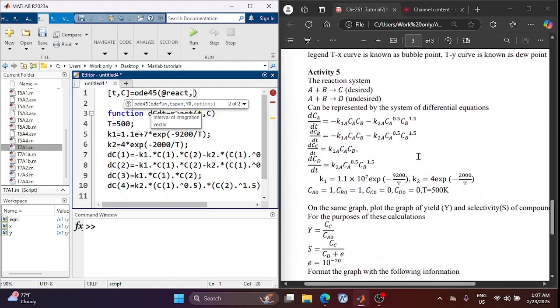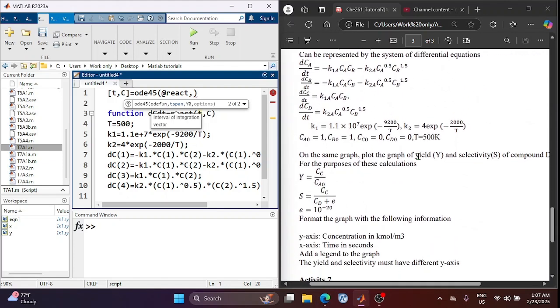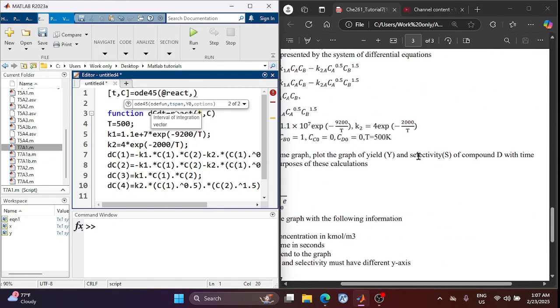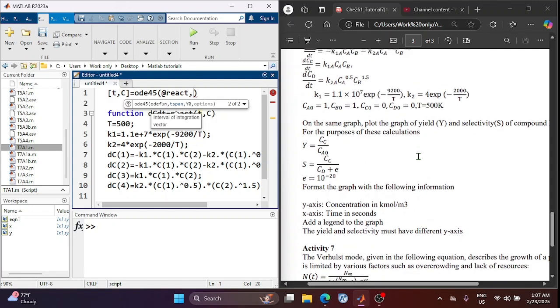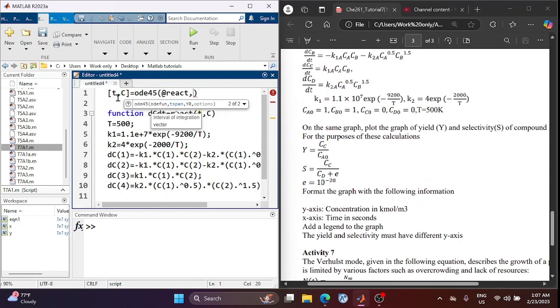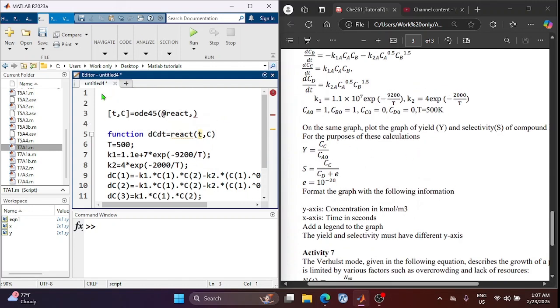I don't know if it was given in the question. If it wasn't, we use our own values. Okay, it wasn't given. So let's put in our own values for the t span. So t span is going to be equal to, let's say we're starting from 0 and we want to end at maybe 20. So I can put the t span here, and then our initial conditions.